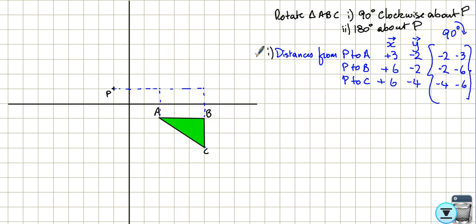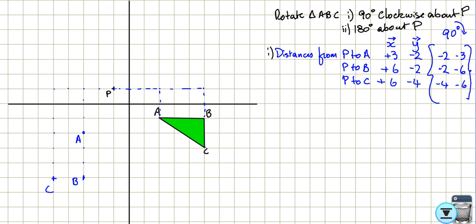So minus 2 and minus 3, 1, 2, and 3, that is A. Minus 2 and minus 6, it's B. It's 4, 5, 6, this is B. And minus 4, minus 6, so minus 1, minus 2, minus 3, minus 4, and minus 6, minus 1, 2, 3, 4, 5, and 6, and that is C.